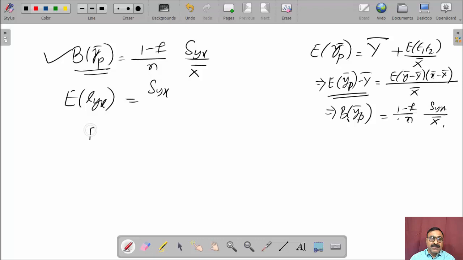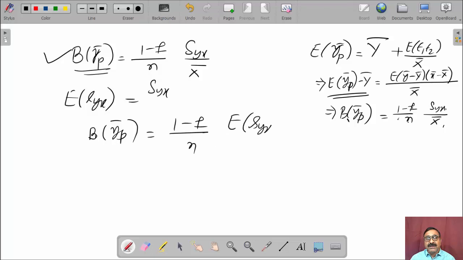So now we can see bias of the product estimator, that is equal to (1 minus f) by n expectation of small s_yx by X̄.